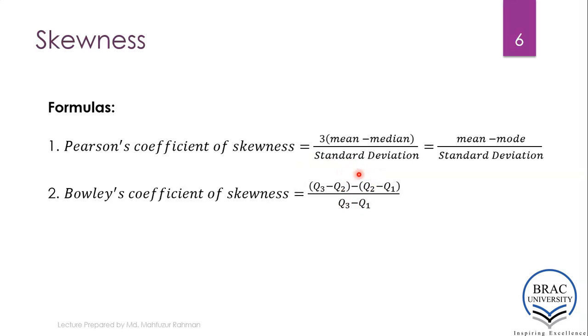If the difference of the second quartile and the first quartile gives us a larger value, then it will be negatively skewed data, because this IQR can't be negative. Q3 is always greater than Q1, but here we're talking about the difference between these 3 quartiles.